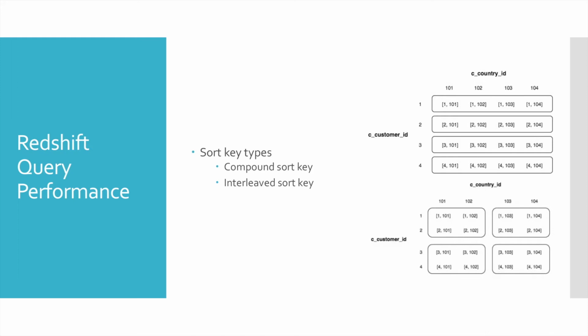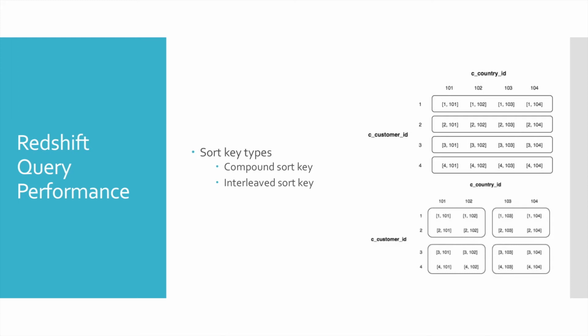Here, I also want to talk about Redshift query performance. When we want to improve queries, sometimes we add sort keys, and a sort key can help improve the query performance. There are two types of sort key: one is the compound sort key, and one is the interleaved sort key.